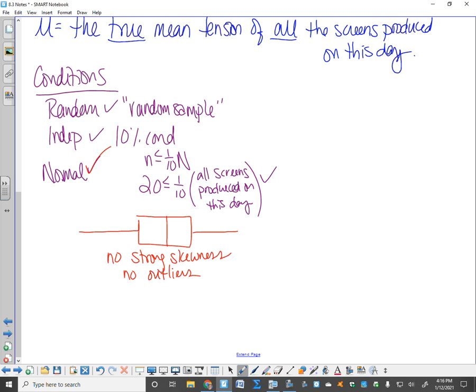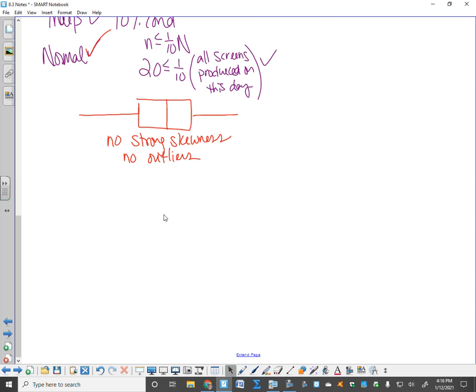So again, this is where I see a lot of people get stuck. I'm going to remind you, go to your formula sheet for where it says confidence interval, and it will remind you that you are statistic plus or minus your critical value times your standard deviation. Then you're going to put your letters in here.